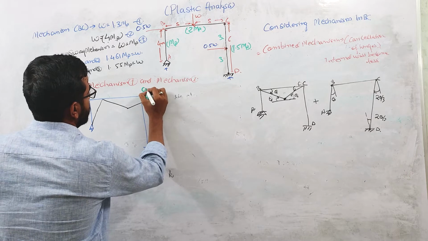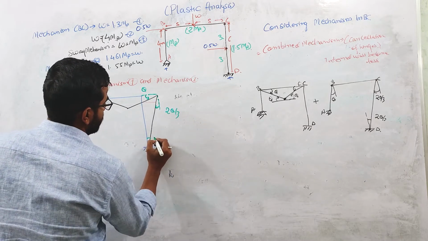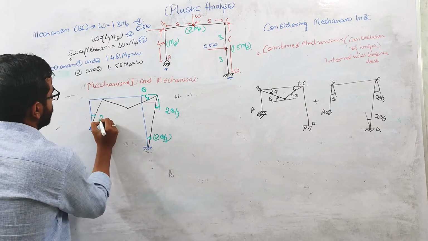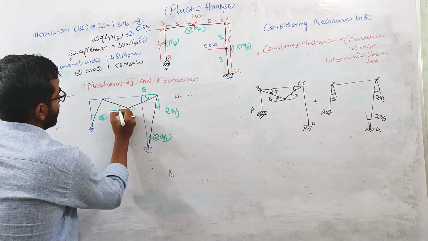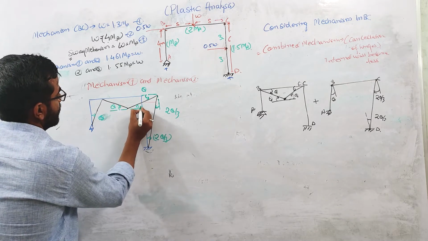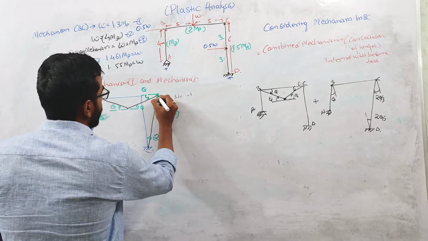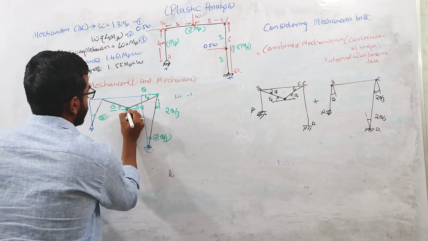This is theta, this is again theta, this is theta. So plastic hinges are basically forming at this C point, this D point and this point.